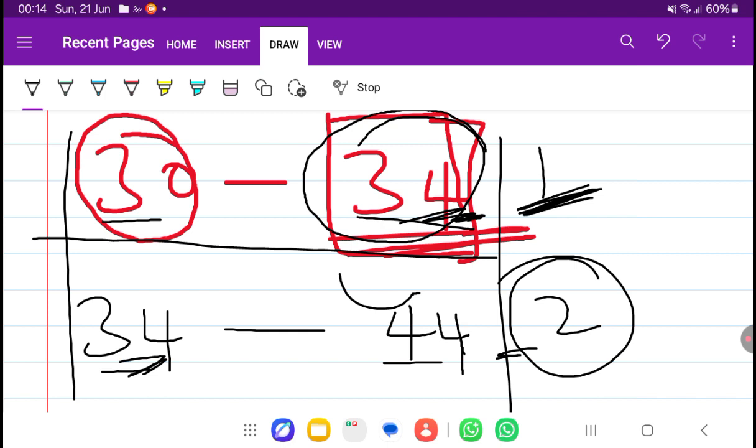So if you are to write them using these greater than or less than signs, this class will actually be 30 less than 34, meaning the 34 is not inclusive.